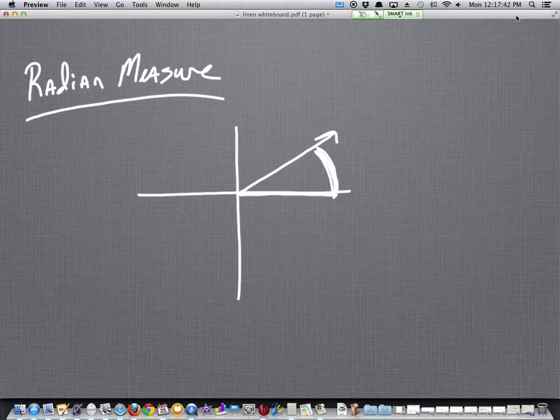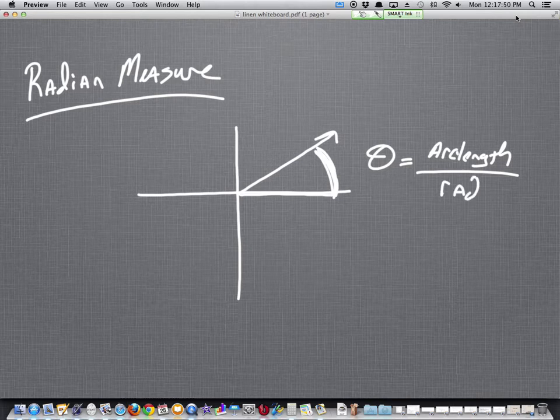An angle that is in radian measure is made up of the ratio of the arc length over the radius. That's how we get something in radian measure: you take the length of the arc divided by the length of the radius, and that tells me the measure of the angle.